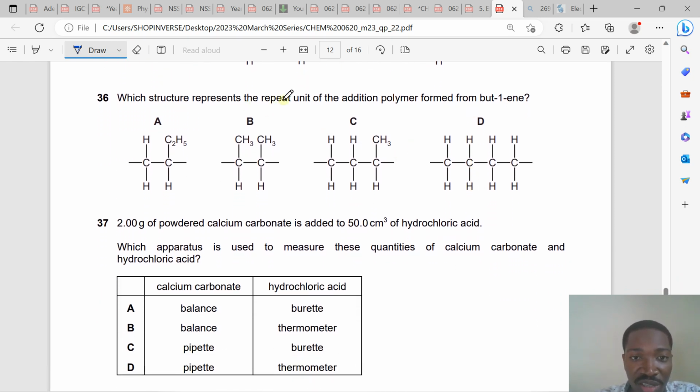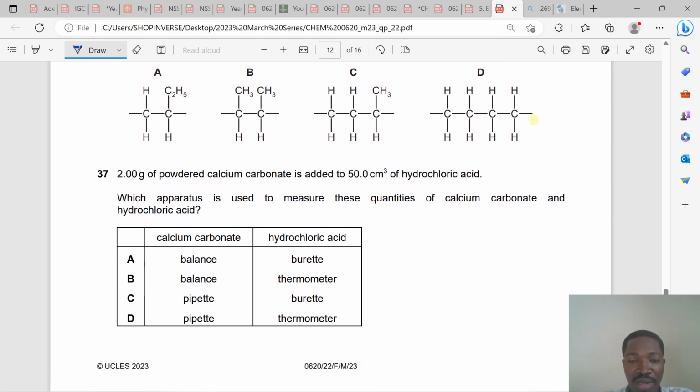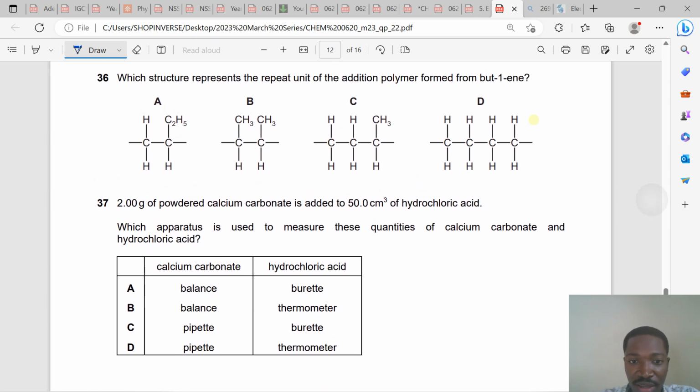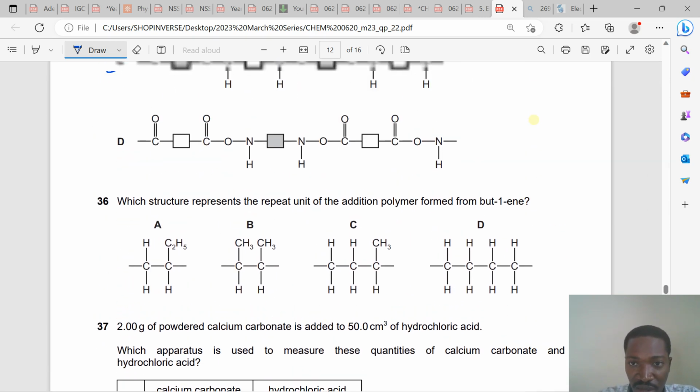Which structure represents the repeat unit of the addition polymer formed from but-1-ene? Let's see, where can I write?